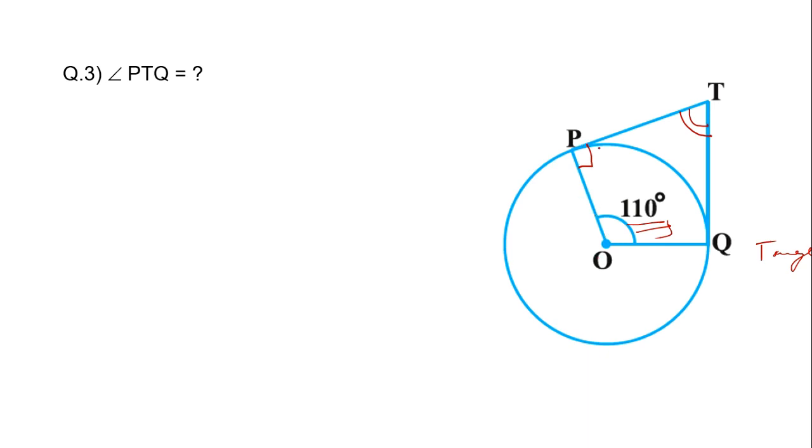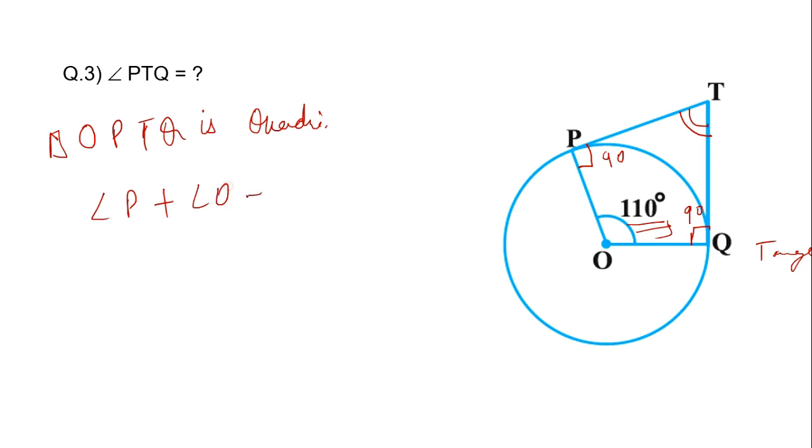OP is a radius, so this angle P will be 90 degrees, and OQ is a radius, so this angle will be 90 degrees, and OPTQ is a quadrilateral. So angle P plus angle O plus angle Q plus angle T, which is angle PTQ. The sum of the internal angles of a quadrilateral is 360 degrees.